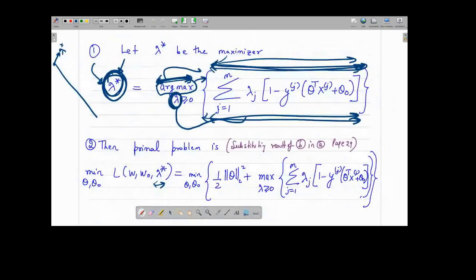Once you have this lambda star, you can put it into this Lagrange function, and you will see that all the values will be of theta and there will be no lambda here. The whole objective function will involve theta. There will be no lambda, because you have replaced it by the lambda star value, for example 2 or 3 or 4, whatever.